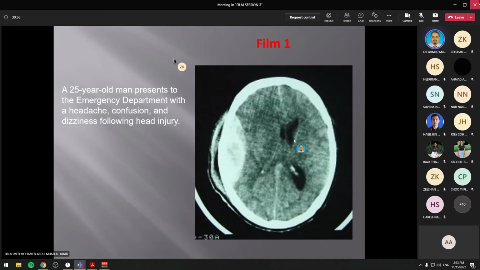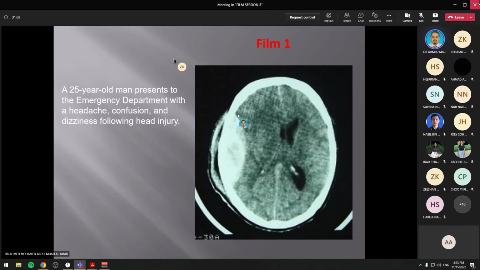There is midline shift to the left. The right lateral ventricle is compressed. The contralateral ventricle is dilated. The cortical sulci of the right frontoparietal region are effaced, and no other focal brain lesion. There is scalp hematoma seen in the right parieto-occipital region. Diagnosis: right parieto-occipital epidural bleed.